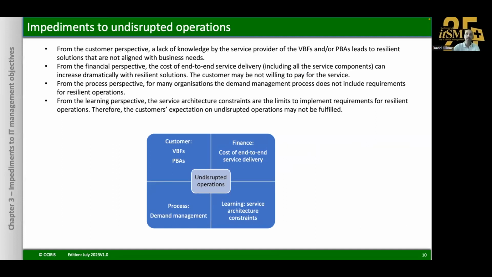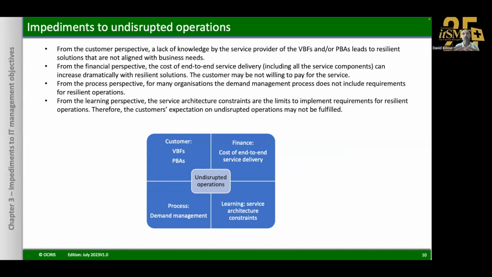For you to understand, you can see, okay, here, for instance, from the customer side, we don't exactly know what is critical for them. What are the vital business functions? We don't really know exactly how it works, the pattern of business activities. On the other hand, from the financial point of view, there can be a problem for undisrupted operations in terms of cost.